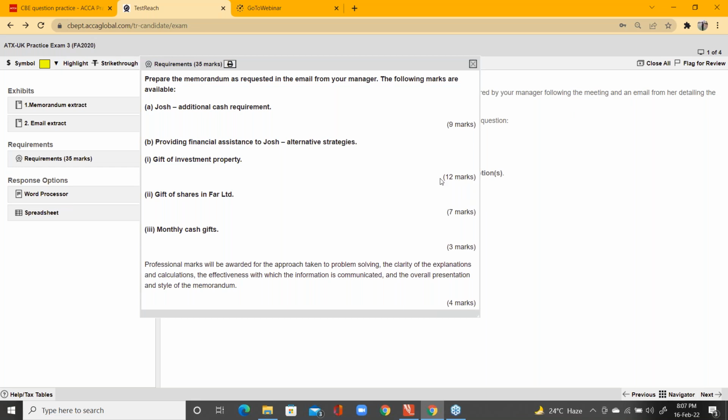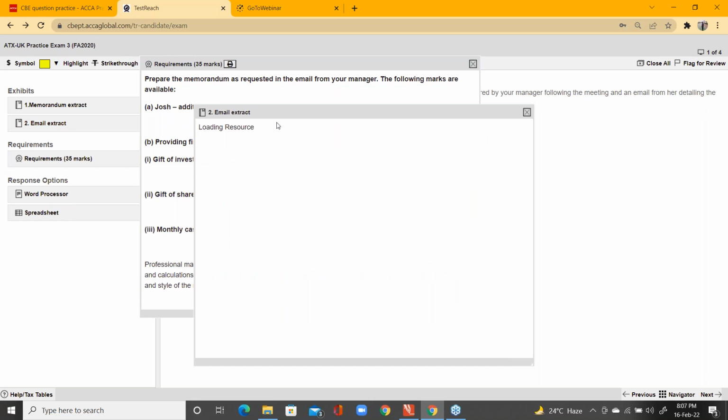We don't know the details yet, but the requirement is of 12 marks, which shows there are multiple things to do for this part of the question. Second strategy, gift of shares in FAR Limited for 7 marks, and monthly cash gifts for 3 marks. Now we have 2 other extracts, the memorandum and the email extract.